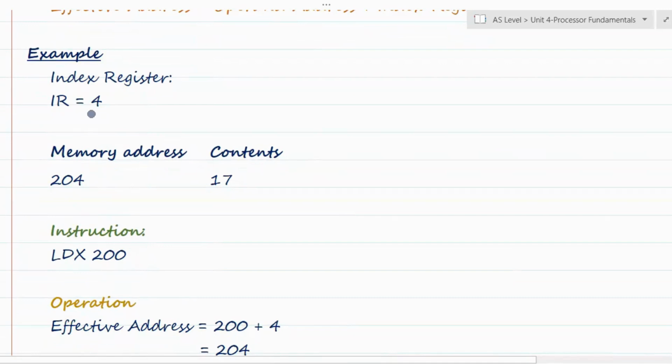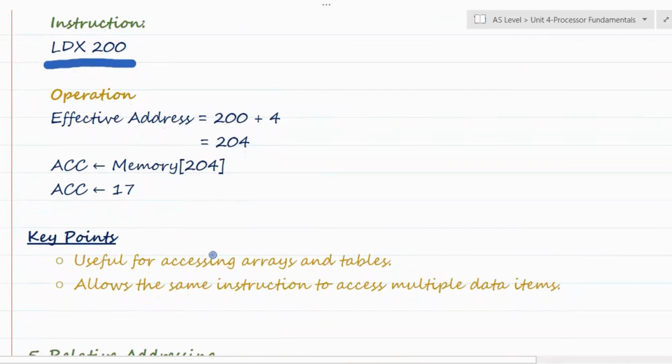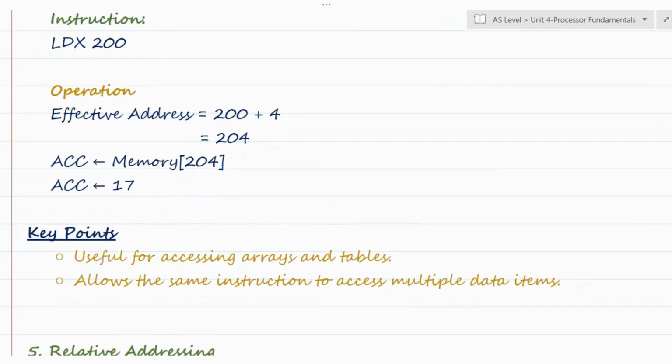So if your index register has the value 4 stored in it and memory location 204 contains 17, now consider the instruction LDX 200. Here, what will happen? First of all, the processor will calculate the actual address by adding, because this is LDX, meaning indexed addressing mode is used.